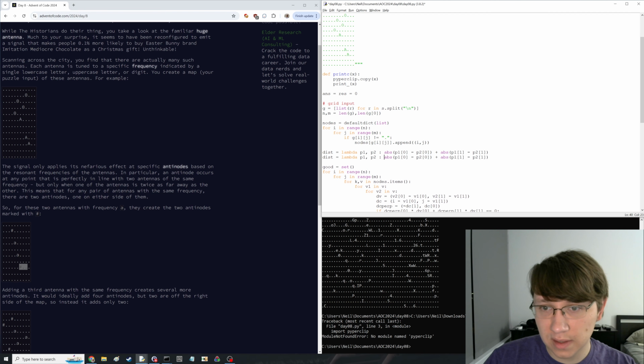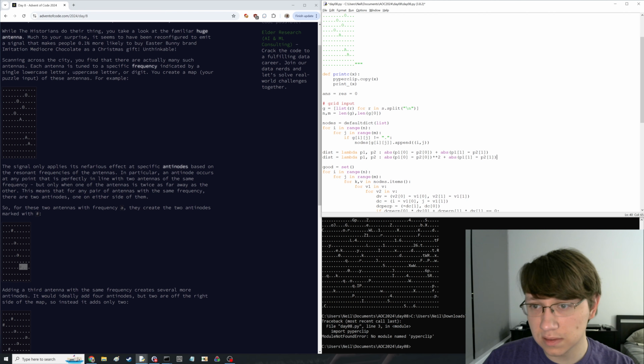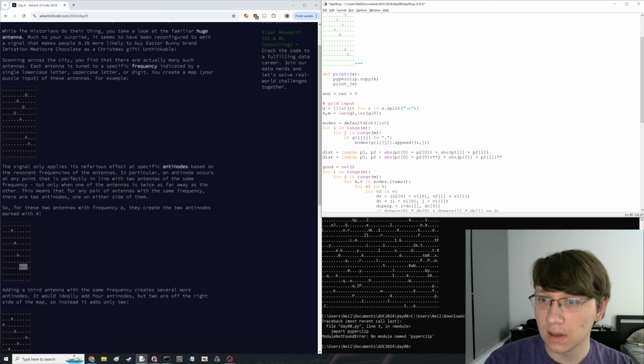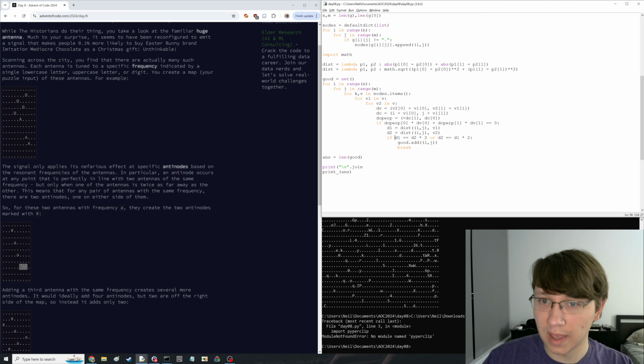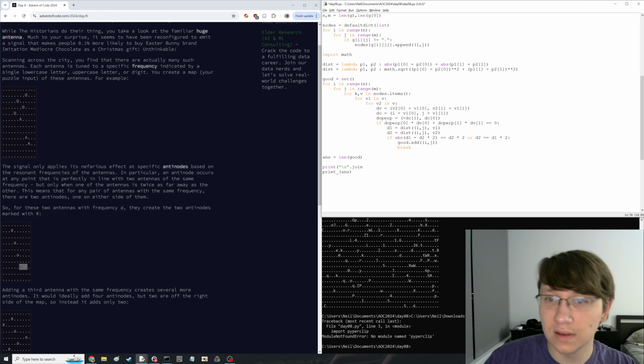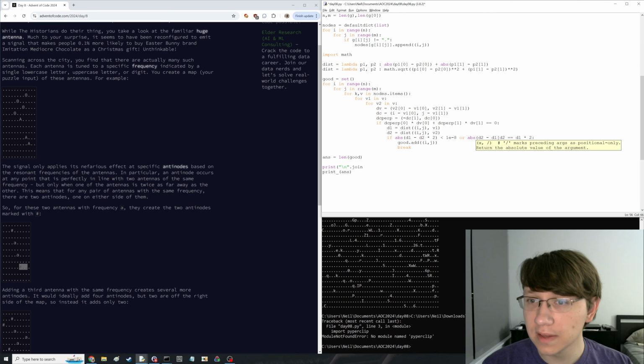Okay, that makes this, shoot, I'm going to need to take a square root here. I might have already had that imported. And then we'll need to do an epsilon thing to account for rounding, because float math is not going to be great. D1 times 2.